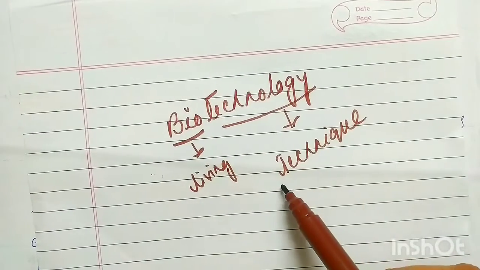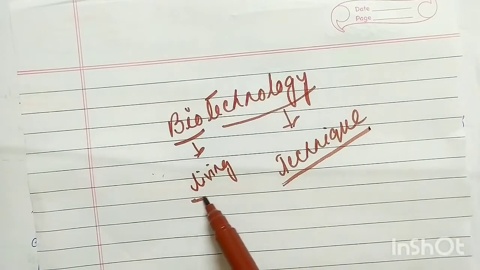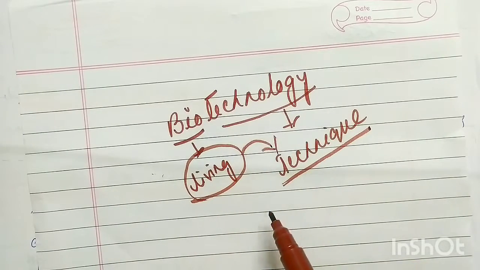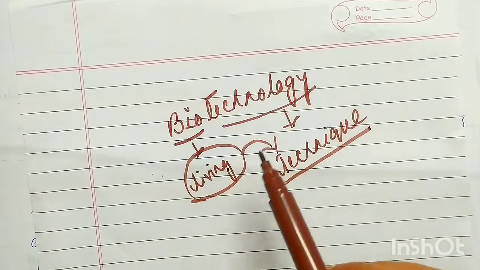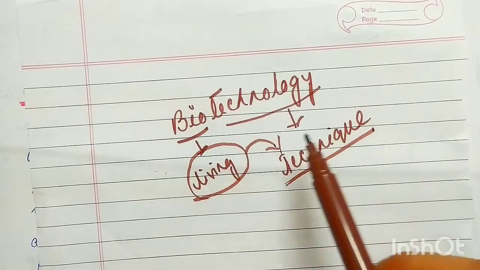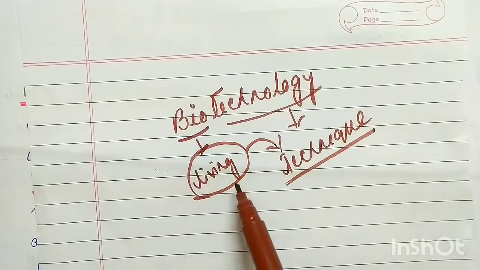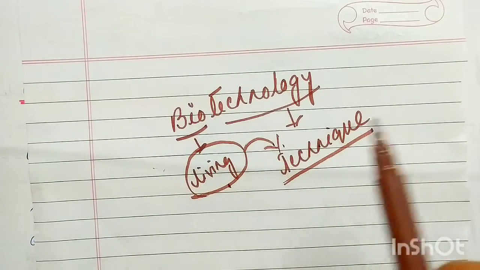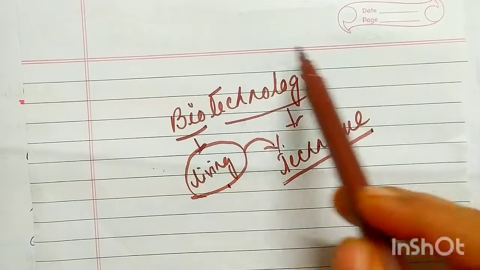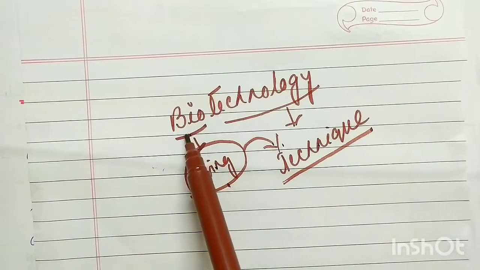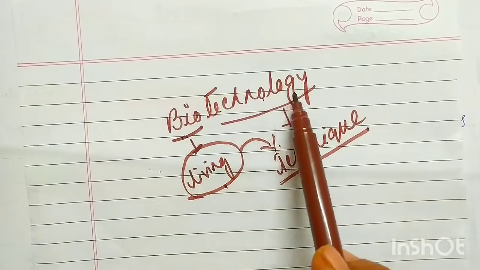So all techniques where living organisms are used to obtain desirable products which are useful for humans, that process is called biotechnology. Bio means living, so living organisms are used in this technology.